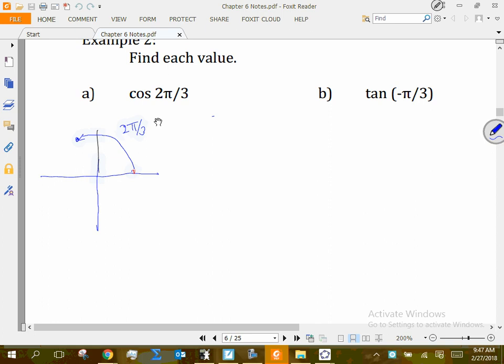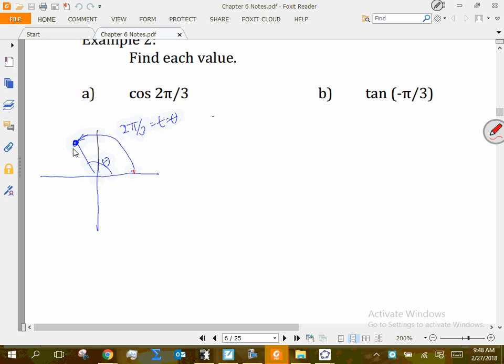Whether you call that t or your theta, theta would be this angle here. They want cosine. Well, if we're on the unit circle, that point has an ordered pair, right? Now, my argument is that maybe you haven't memorized that ordered pair from the second quadrant.